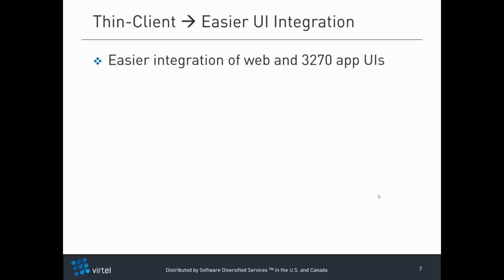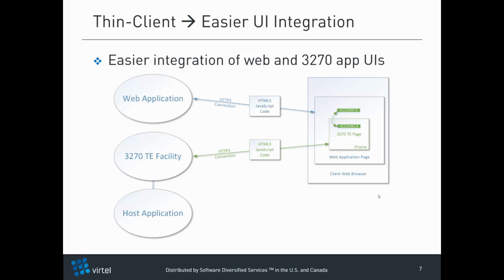Another benefit of Virtel's reliance on HTML and JavaScript is that it makes it possible to integrate Virtel's emulated 3270 screens with other web application pages. For example, Virtel's 3270 terminal emulation pages can be served in an iframe inside the web pages of another web application. A JavaScript API can be used to synchronize those two web applications via a common field.